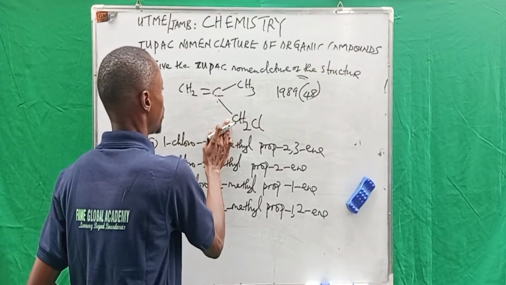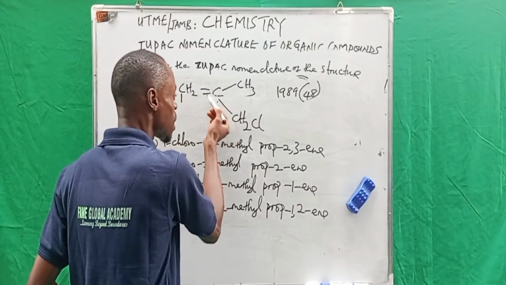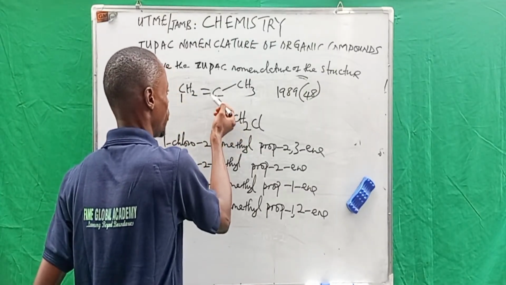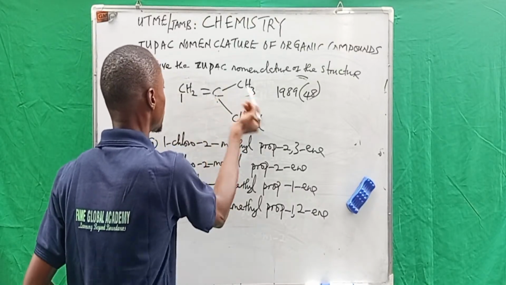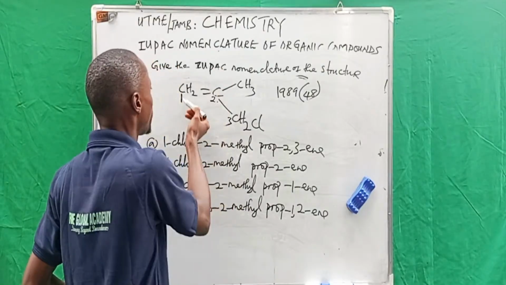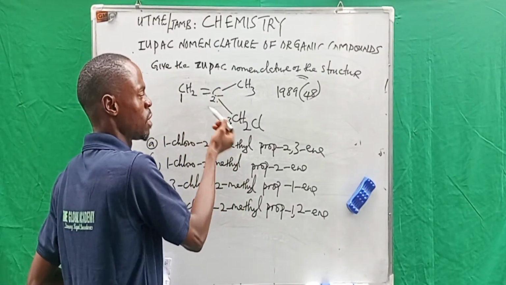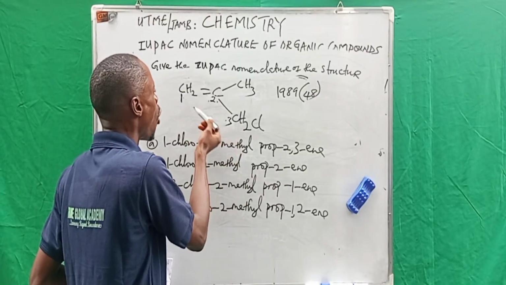Then from this end, at carbon atom 1, we have the functional group. But from this end, 1, 2, 3, at carbon atom 1 we have the functional group. So our numbering must be from this end.